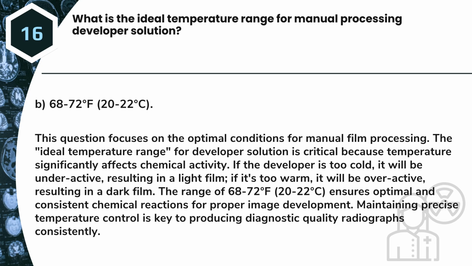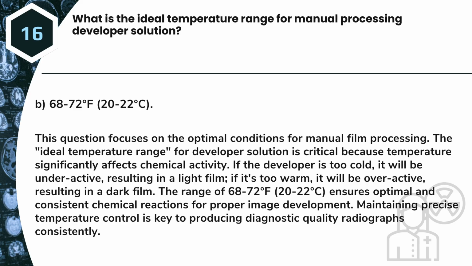Answer B. 68 to 72 degrees Fahrenheit, 20-22 degrees C. This question focuses on the optimal conditions for manual film processing. The ideal temperature range for developer solution is critical because temperature significantly affects chemical activity. If the developer is too cold, it will be underactive, resulting in a light film.